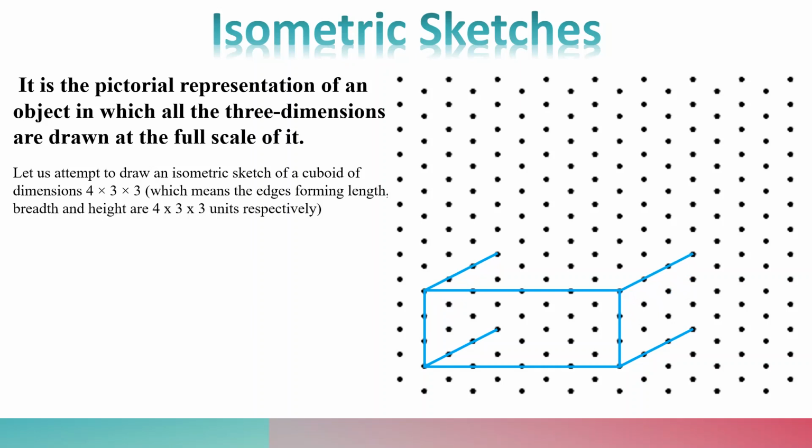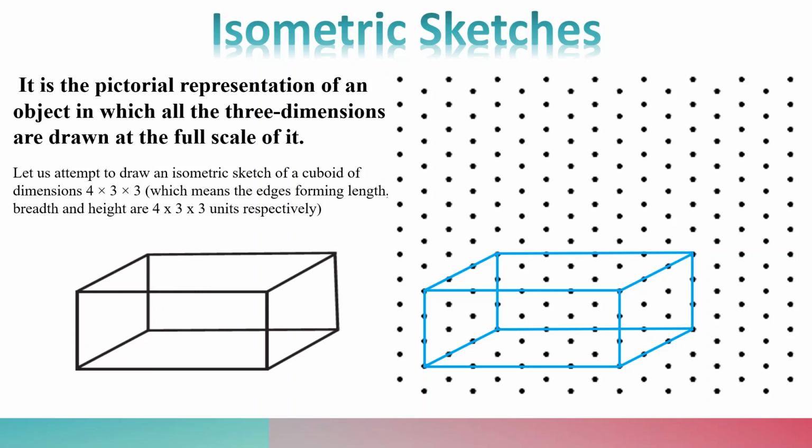And now we join the remaining parts of this shape this way. So here we got the isometric sketch of a cuboid. This is another way of drawing 3D shapes on a two-dimensional surface or on a sheet of paper in which the dimensions are taken into consideration.